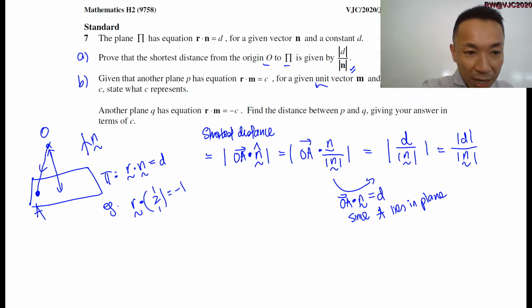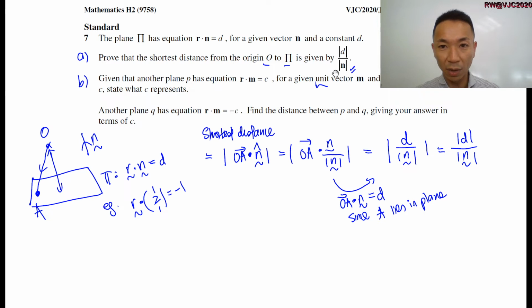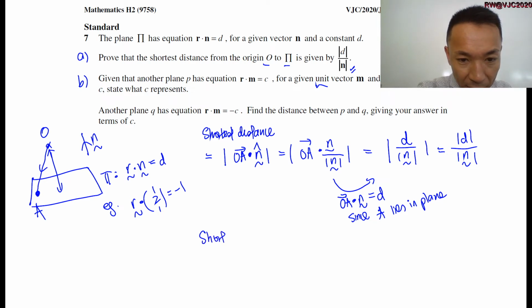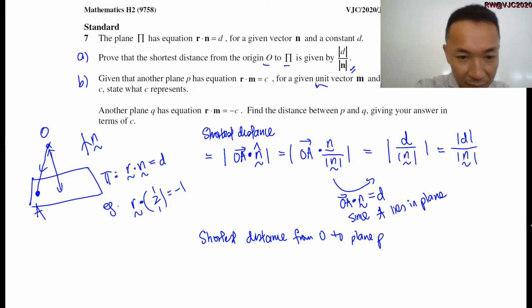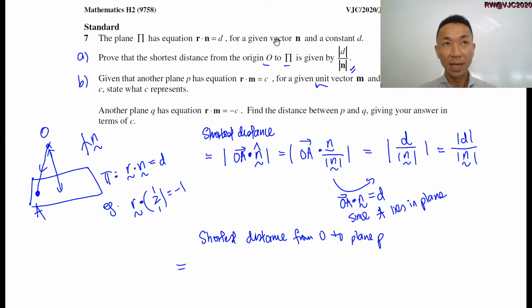So, can I then say that using this result, the shortest distance from O to the plane P is what? It's actually mod c over mod m.